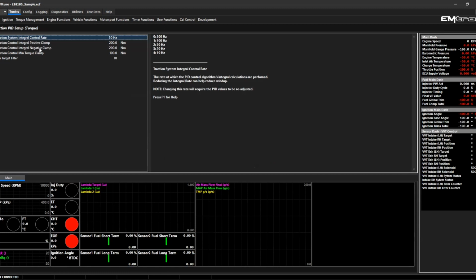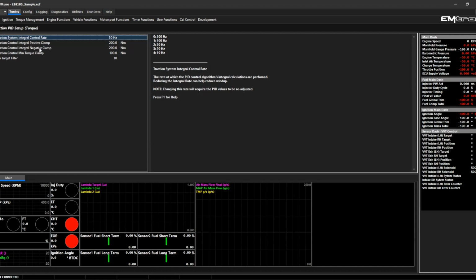We found we're running the rate of the integral a lot slower than the main control algorithm. That reduces the amount of wind up that you get with the system. When you have the feed forward tables all set up really well with percentage offsets based on good data, and you have the TMF set up well, and all your torque models set up well, the PID settings become a hell of a lot less important.